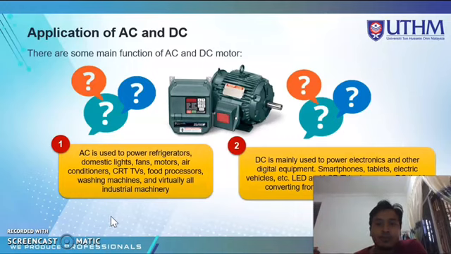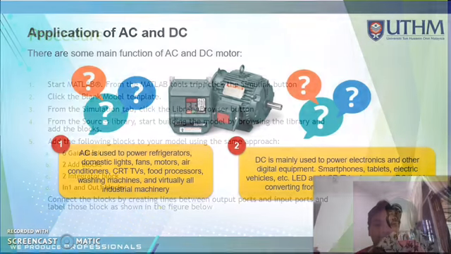DC is mainly used to power electronic and other digital equipment, smartphones, tablets, electric vehicles, and LEDs, which also run on DC that is converted from the usual AC power source. That's all for the theory.